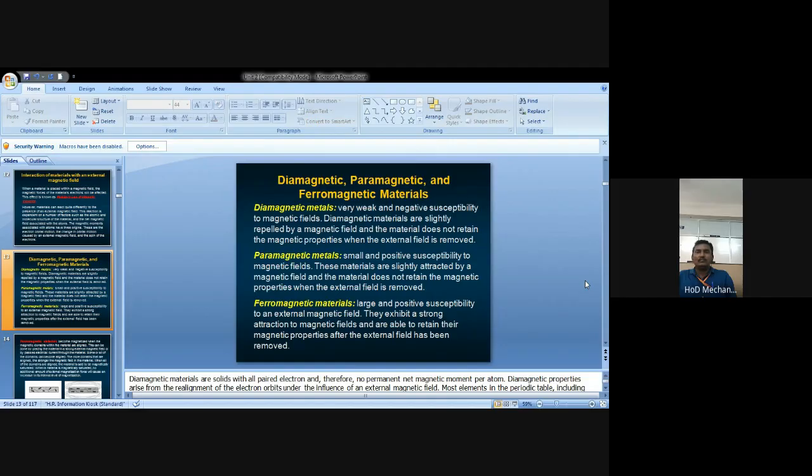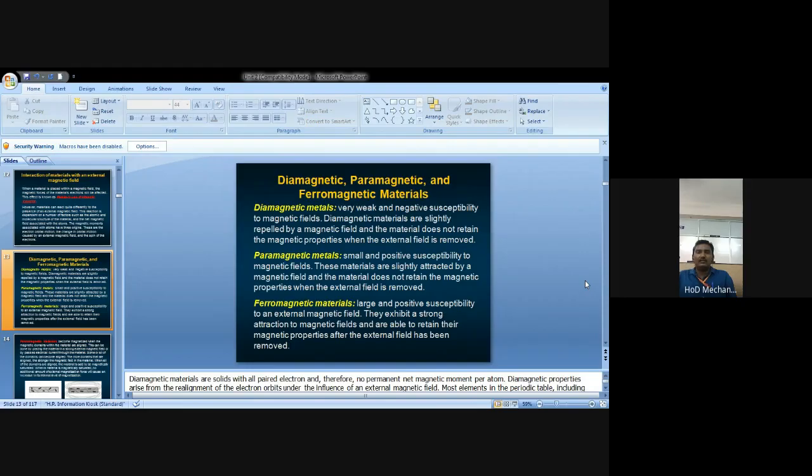So, unlike a ferromagnetic material, the paramagnetic material does not retain the magnetic property when the external field is removed. It has only a small and positive susceptibility. That is like a diamagnet, but slightly different from a ferromagnetic material.